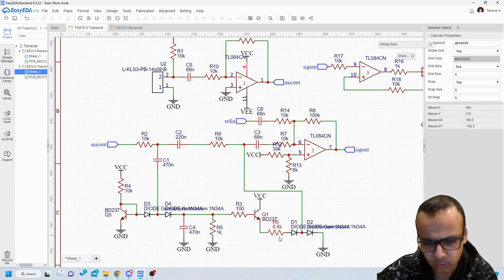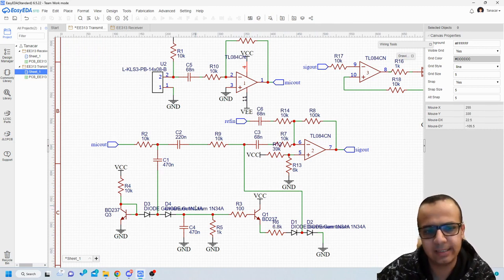This current will flow across these two germanium diodes, which will introduce an impedance seen from this side, and this impedance will determine the voltage drop at this node. And so this part of the circuit acts like a feedback network, and accordingly it will control the gain.